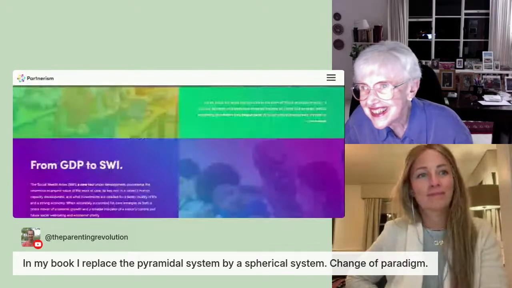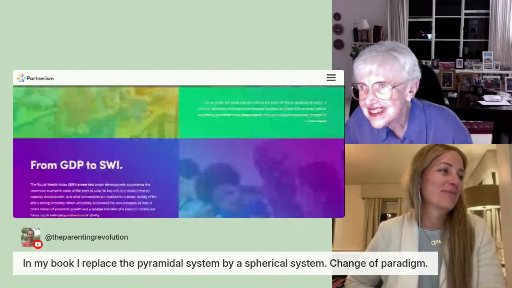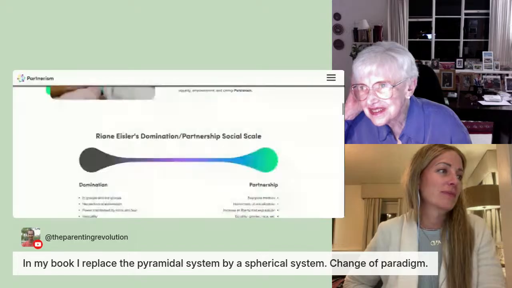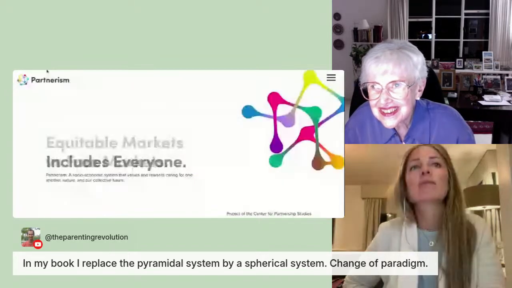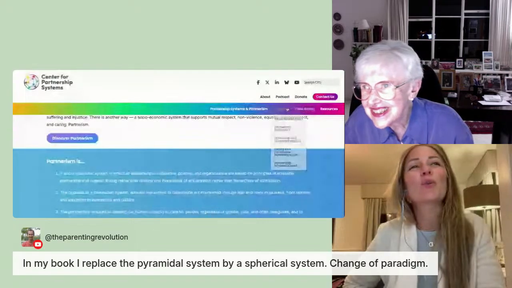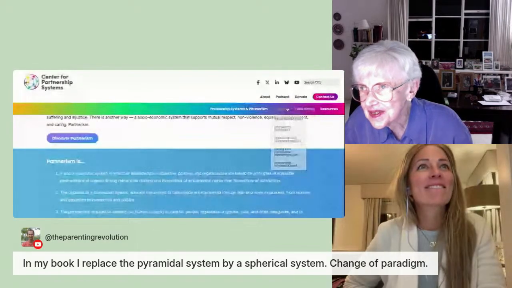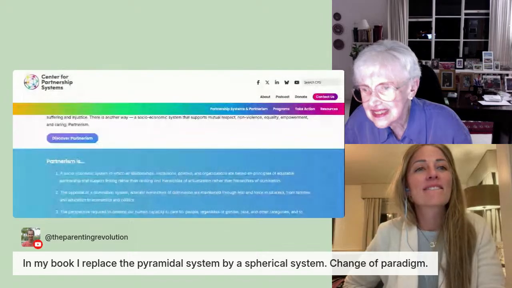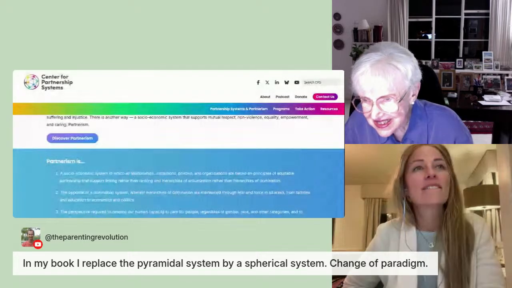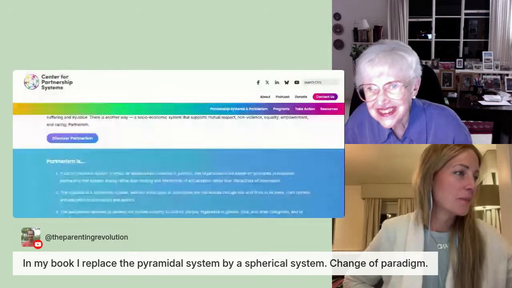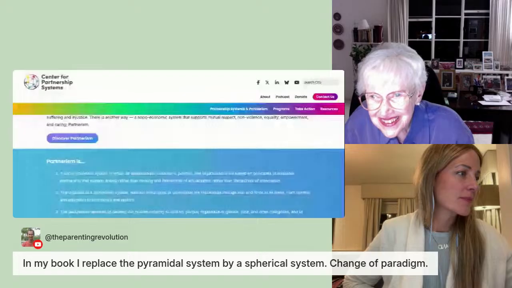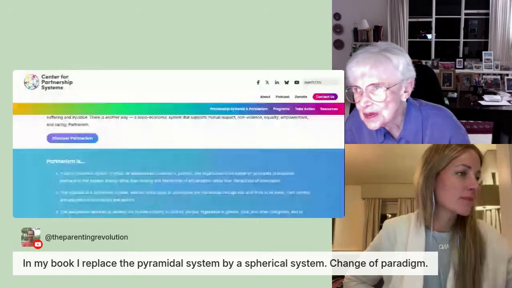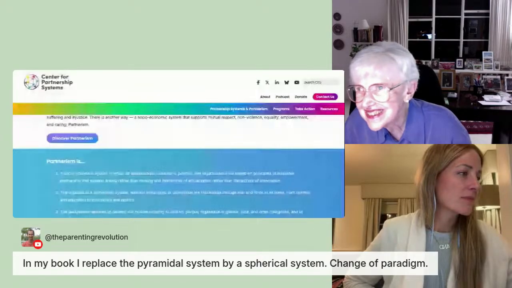All right, but if you go to Chrome, where are we here? I've got too much open here. That's a good thing for a 94-year-old, Riane. Just a second. All right, let me go to Chrome and open it. I don't know why I'm having so much trouble finding the website.